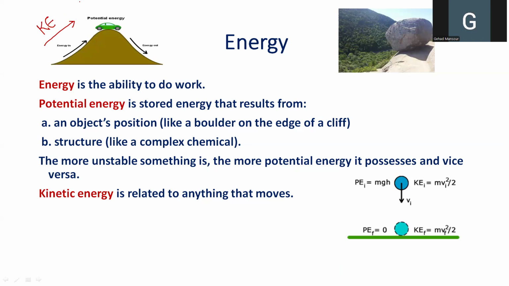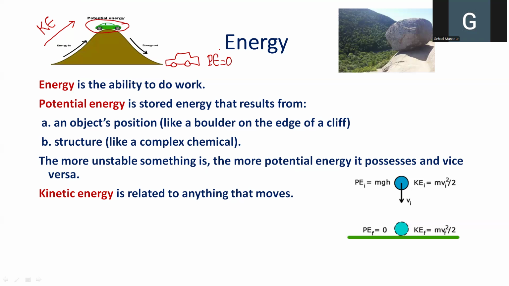And then after having stopped for a while at the top of the hill, it has a new type of energy, which is the potential energy. The potential energy is the energy that is stored in the car because of its position. If the car is at the bottom of the hill, it would have zero potential energy.